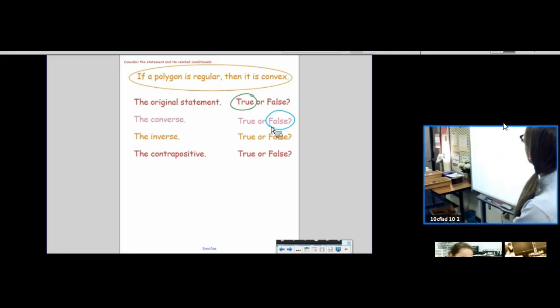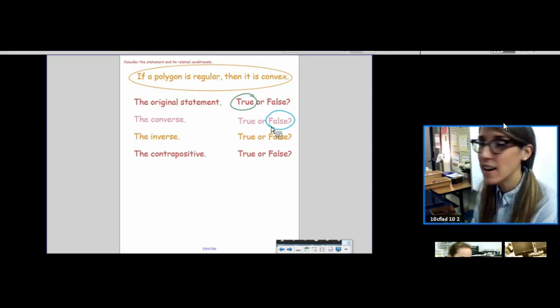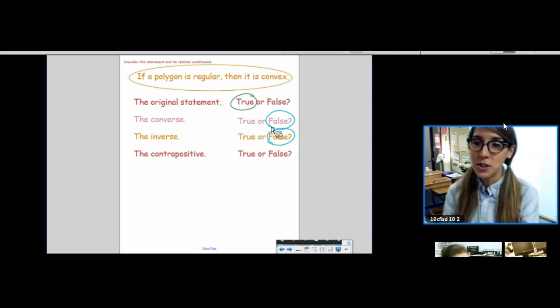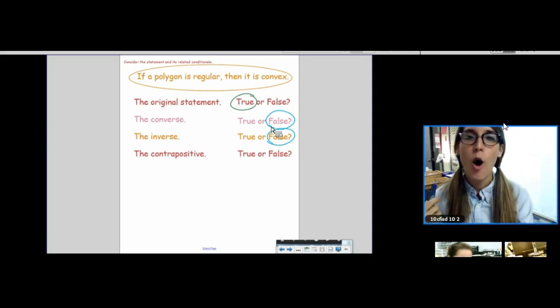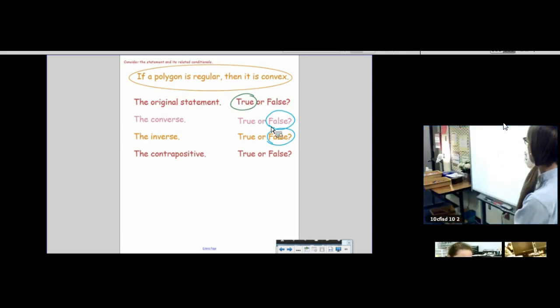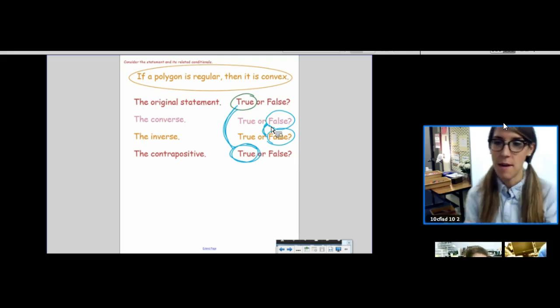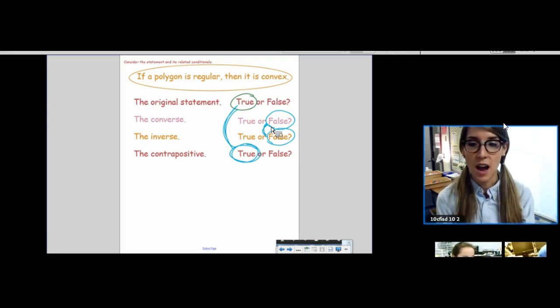The inverse, if it is not regular, then it is not convex. Also false, because if it's not regular, it could be convex. And then, just like Jane said, I told you that the original and the contrapositive always have the same truth value. So we can talk about the contrapositive, but we know these 2 are always going to match, and these 2 are always going to match. That's pretty cool. Every time.